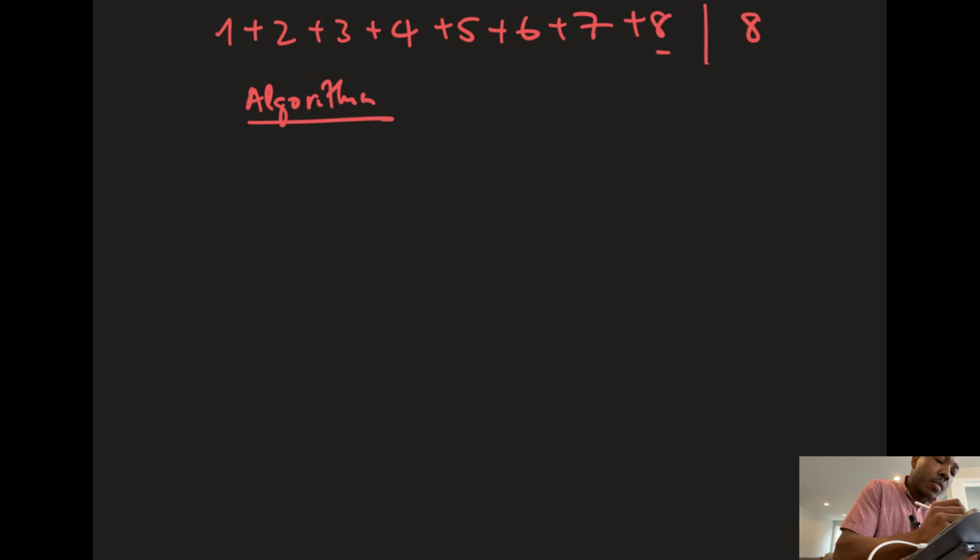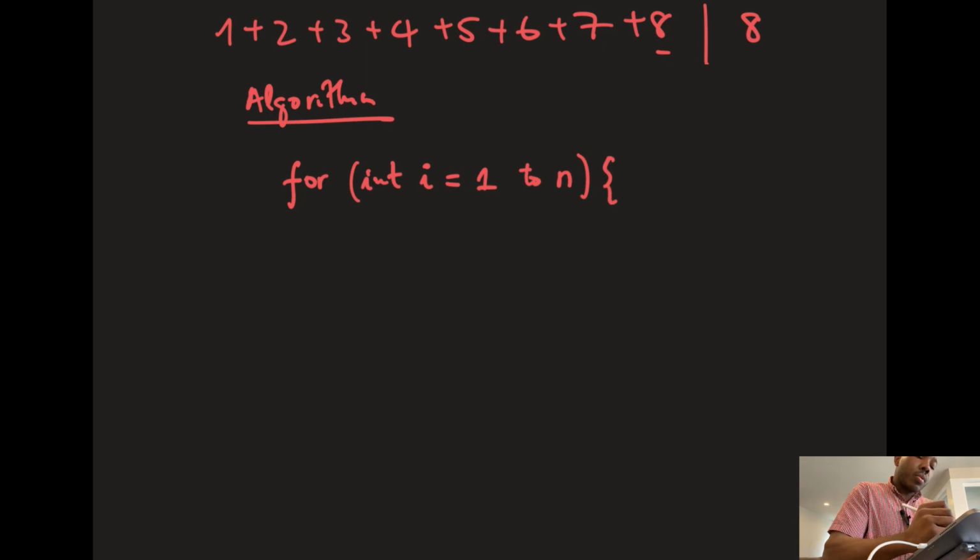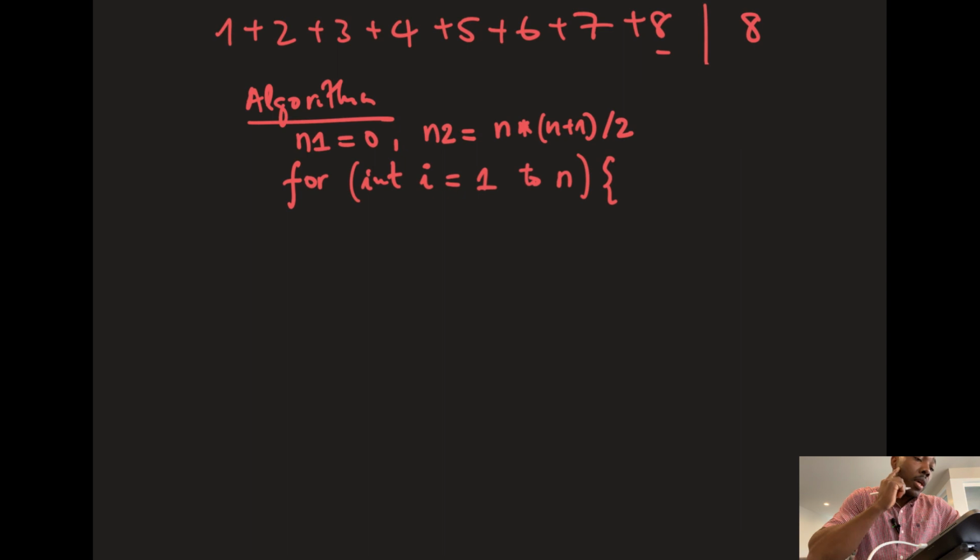The algorithm is the following. For int i going from 1 to n, we want to build two sums. We initialize n1 to 0, and n2 is the sum of all the elements from 1 to n, which we know is given by the formula n times n plus 1 all divided by 2. So we have n1 equals 0 and n2 equals n times (n plus 1) divided by 2.